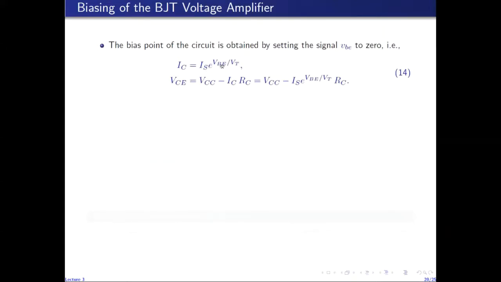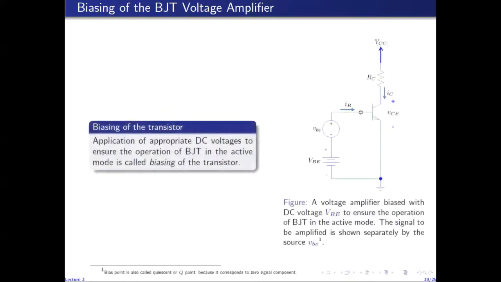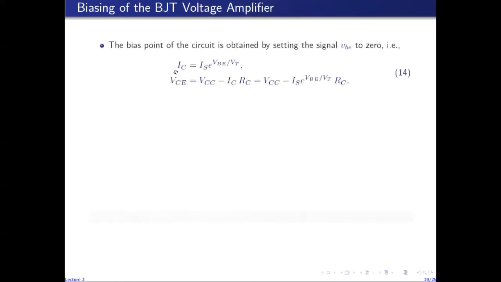This is a DC quantity because it represents the contribution from the DC biasing voltage. Similarly, we get the DC component of the output voltage VCE, which is given by VCC minus ICRC. So it is again a DC quantity because it is given by the DC biasing voltage as VCC minus ICRC. The combination of DC output current and DC output voltage is called the bias point of the circuit.